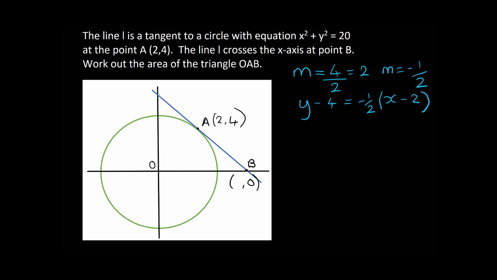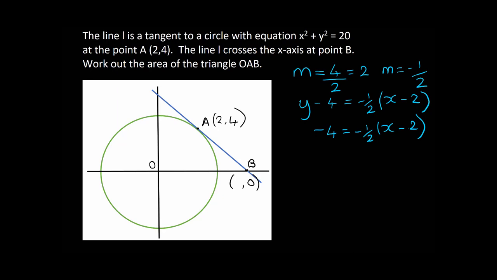Again, I'm not going to tidy this up because I just want to find that x coordinate for B. So I'm going to substitute y equals 0 into this equation because B is on this line. So we'll have minus 4 equals minus a half brackets x minus 2.